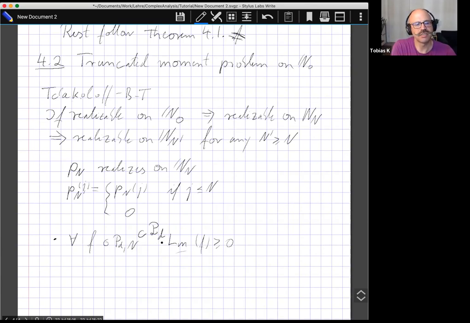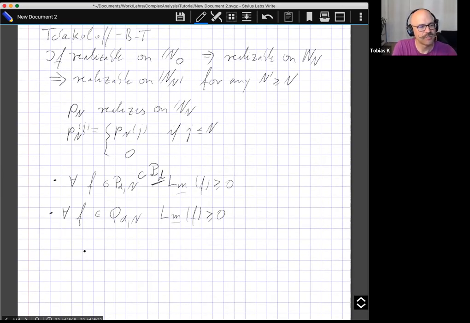So it would be reasonable to just drop this assumption and we get a condition here which doesn't depend on N. On the other hand, we have for all f element of Q_d^N also L_m of f greater or equal to 0.